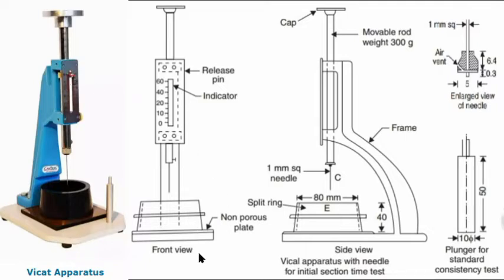This is the front view, and this is the non-porous plate. This is the cap, the movable rod that puts the weight on the needle. The area of the needle is 1 mm square.